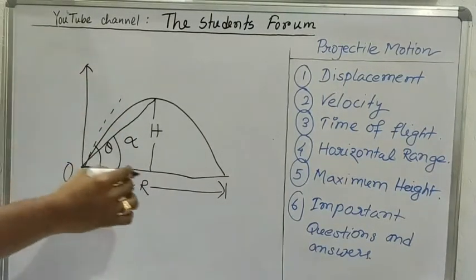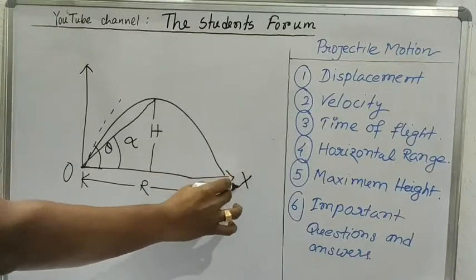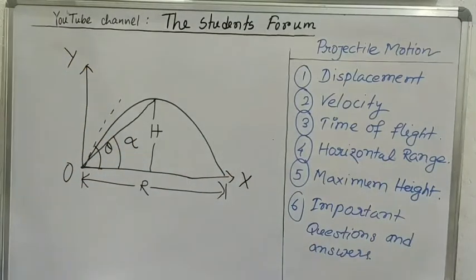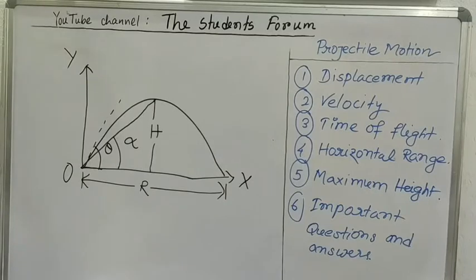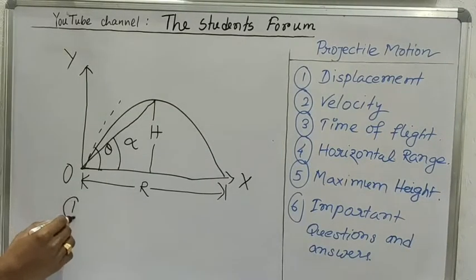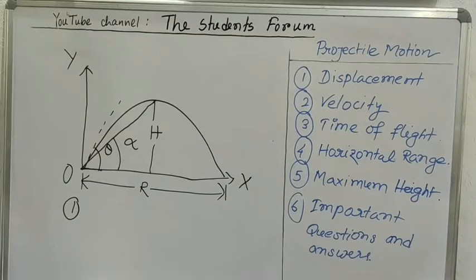So if we take the x-axis and y-axis for the motion of the projection, there are certain relations we have to remember. I'll not be writing the whole names, just the formulas to remember.